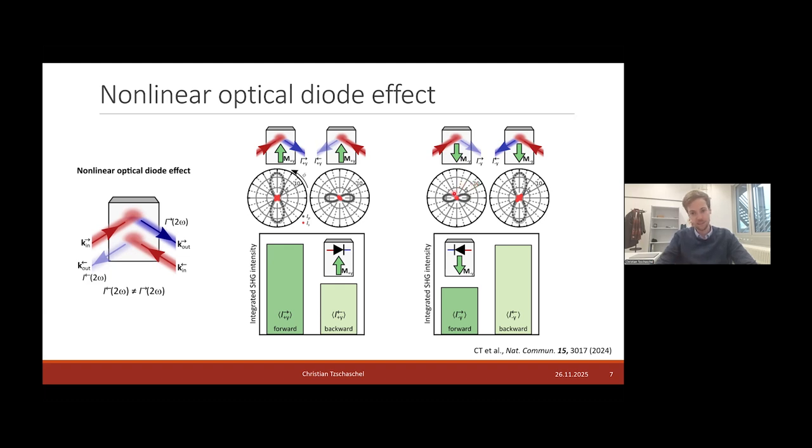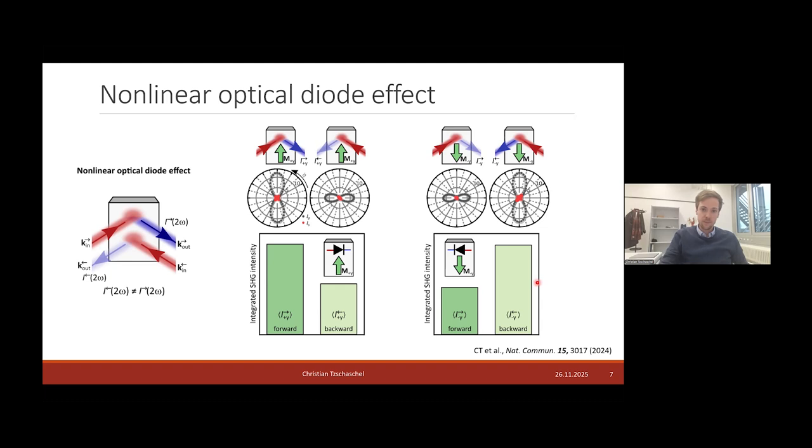That's something that you can rarely do with other diodes. Okay, we also noticed that in this case, reversing the light propagation direction and reversing the magnetization has the same effect on the polarization dependence. That is indeed consistent with the symmetry of our material, is not in general expected, but it happens in this case.